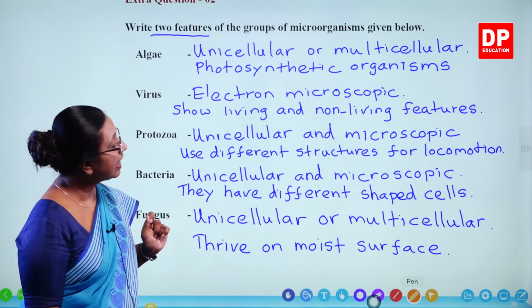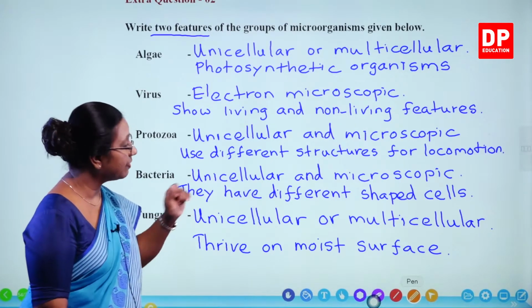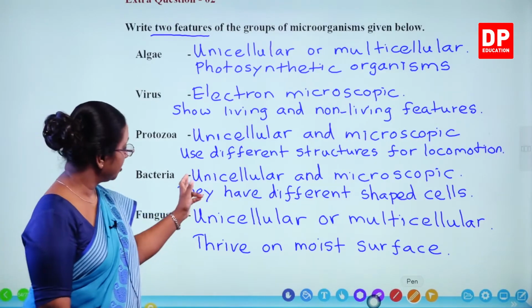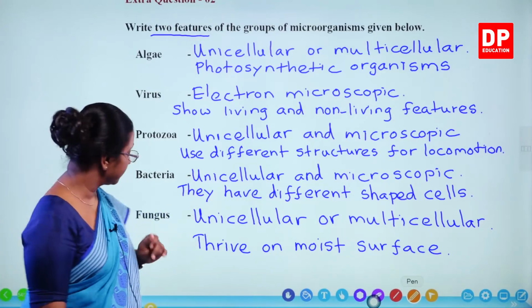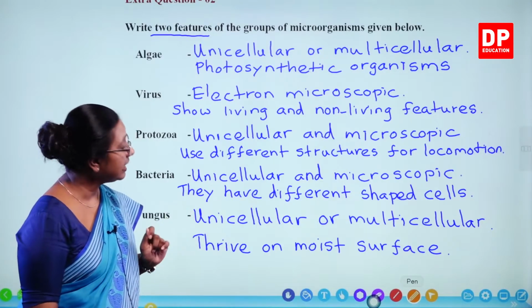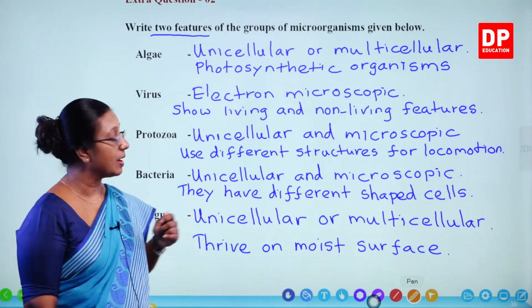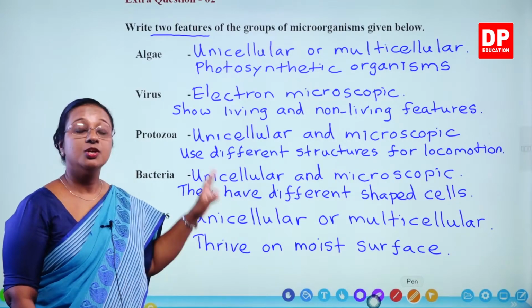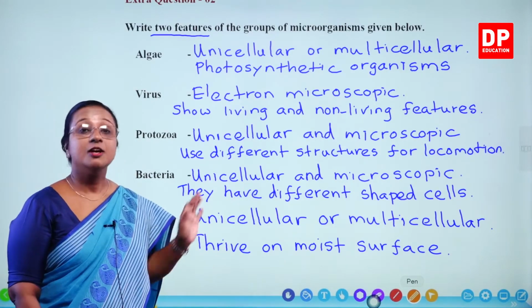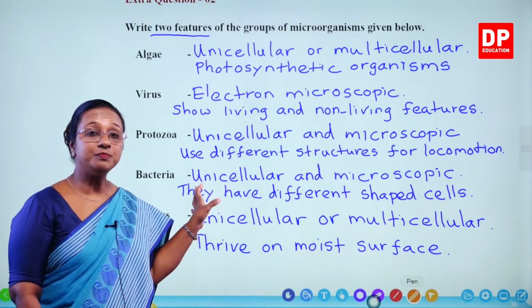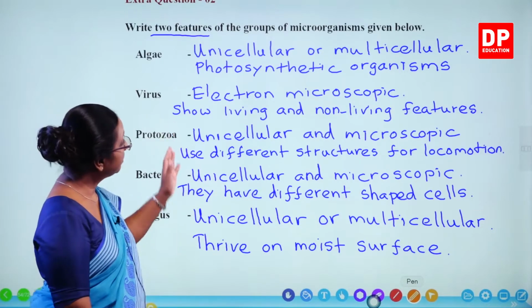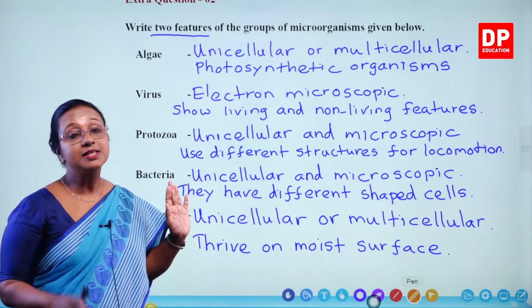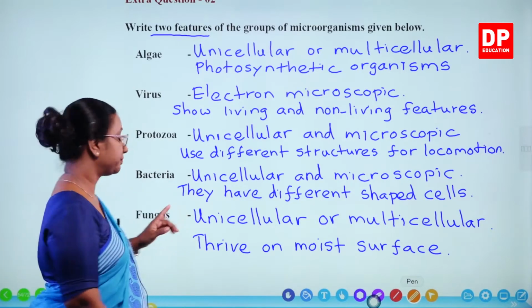Bacteria, unicellular and microscopic, they have different shaped cells. They are unicellular, so different shaped cells. And fungus, again, they can be unicellular or multicellular, and they thrive on moist surface. So those are the properties. Were you able to write them down? Okay. Even if you have written other properties, that is also okay.